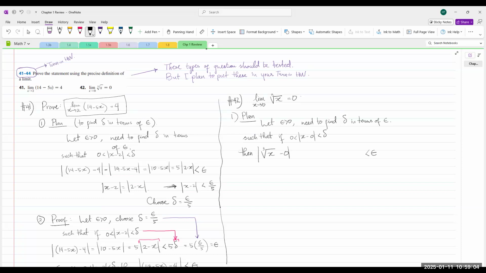Okay, but let's actually say this. The absolute value of x minus 0 is just the absolute value of x, right? And the absolute value of the cube root of x minus 0 is just the absolute value of the cube root of x. Is it right?